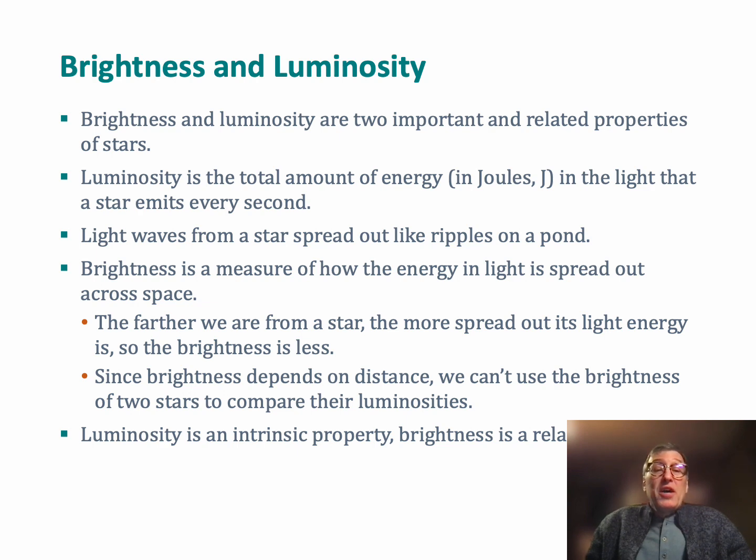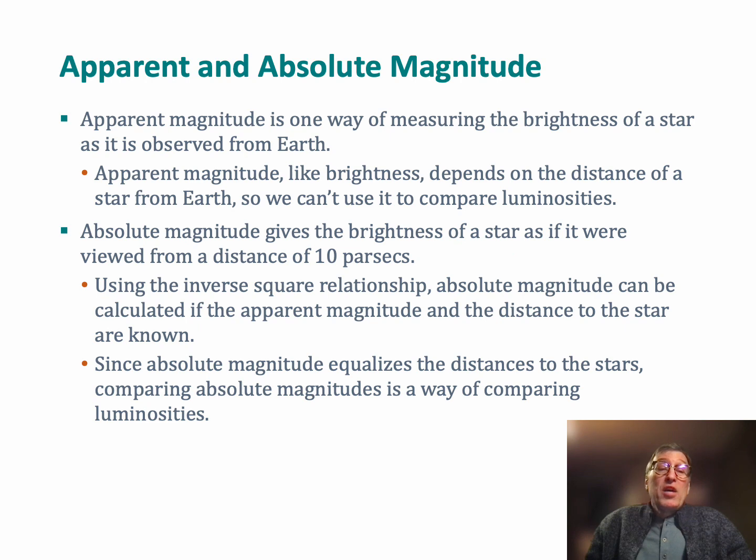Based on this idea of brightness and luminosity, we can define two measures of how a star appears or how it is intrinsically. And we call this the magnitude of the star. We'll use the same word for both those concepts. One is the apparent magnitude, and that is the brightness as it appears.